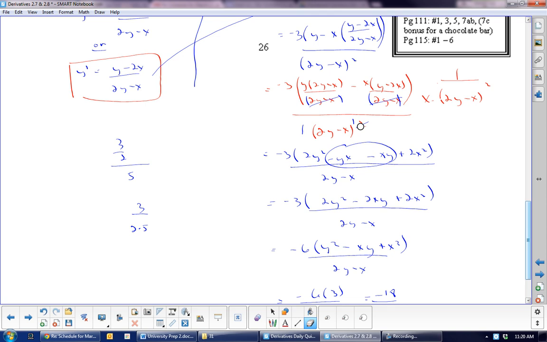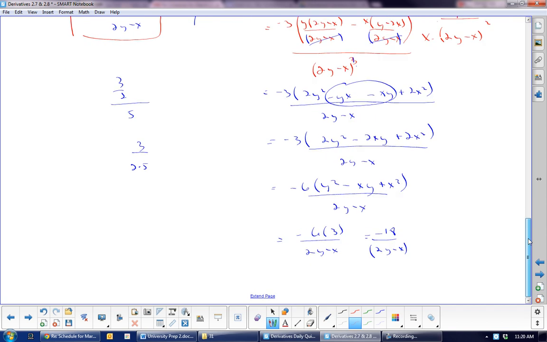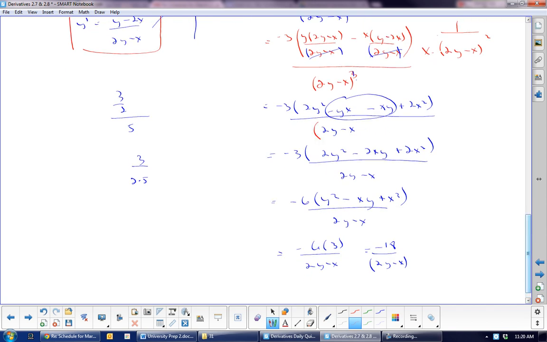So this should have been, since we would have multiplied this all out, this would have been cubed there. Okay. If you saw that, why didn't you say something? Okay. So that should have been just cubed all the way down. Just have to put cubed around there.